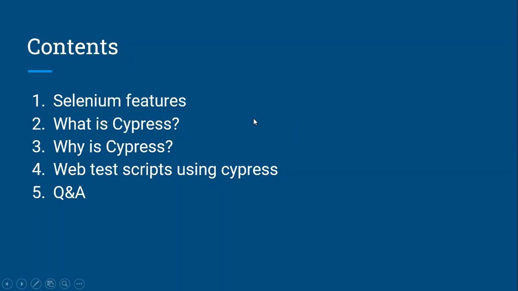The second one is the definition of Cypress. The next one, I'm going to find the answer to the question, why Cypress? And definitely we have a small demonstration using Cypress. And the last one is a Q&A session.